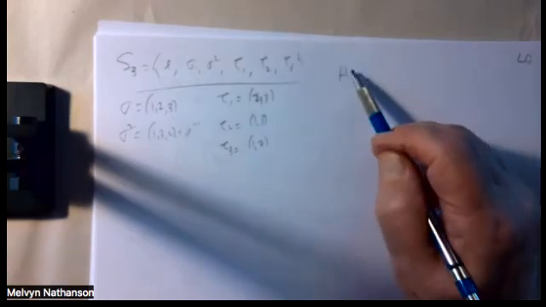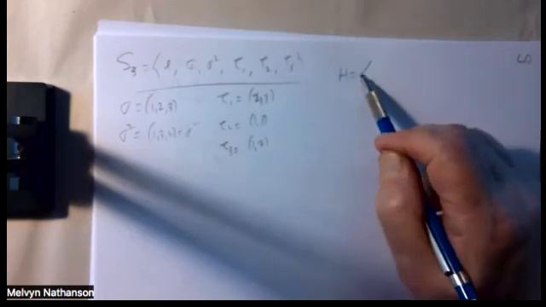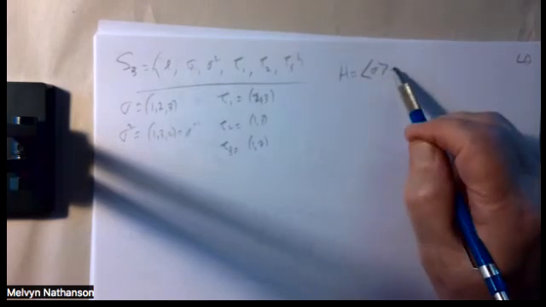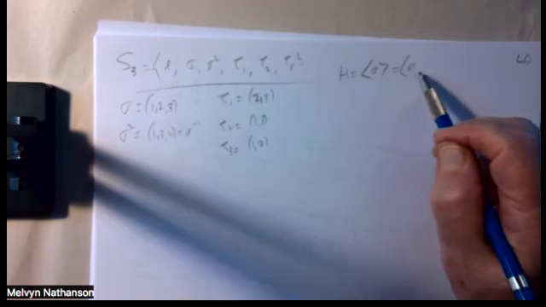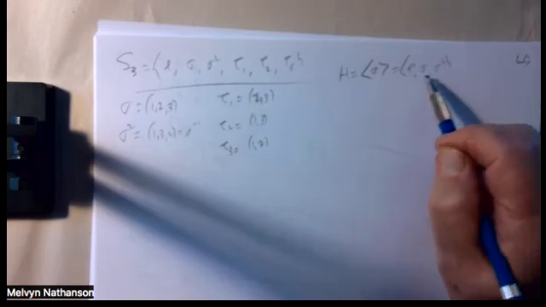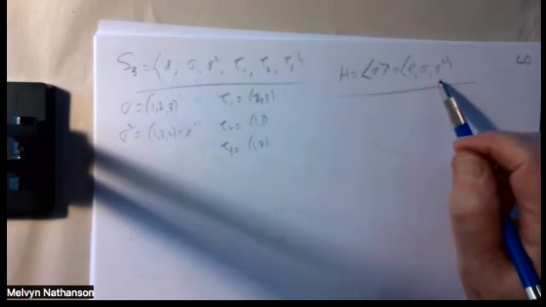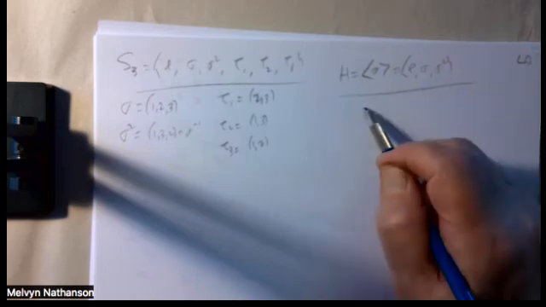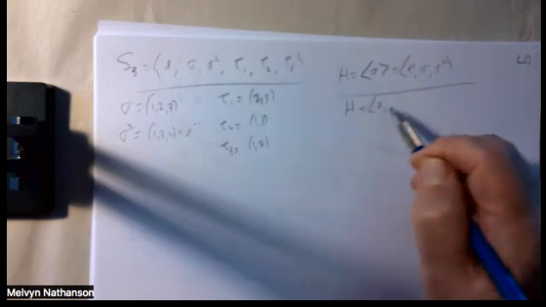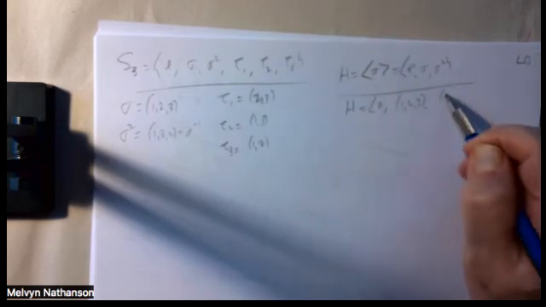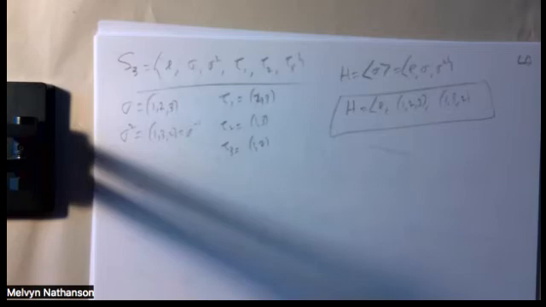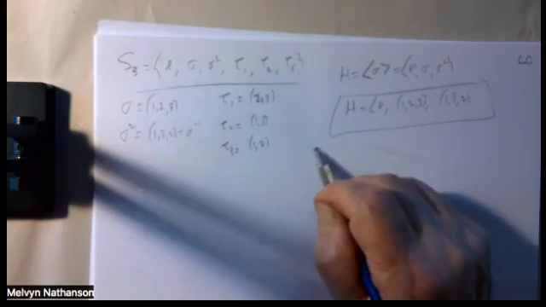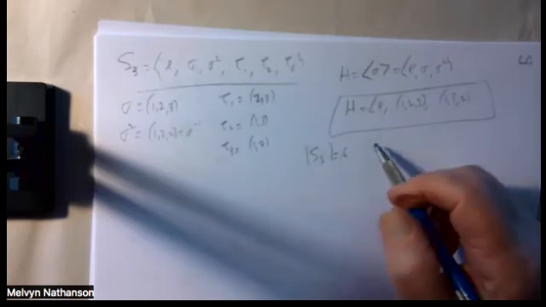Now, if I let H be the subgroup generated by sigma, if it contains sigma, it has to contain, if it's a subgroup, the identity, sigma and sigma squared. This is the subgroup generated by sigma. It's these 3 cycles: the identity, 1, 2, 3, and 1, 3, 2. So the group S3 has 6 elements.